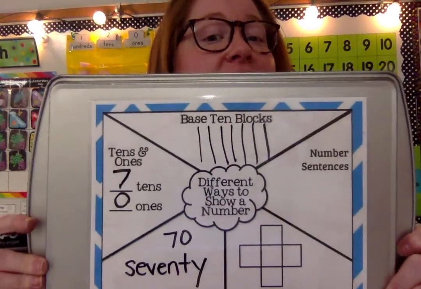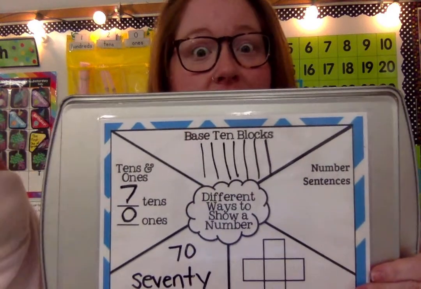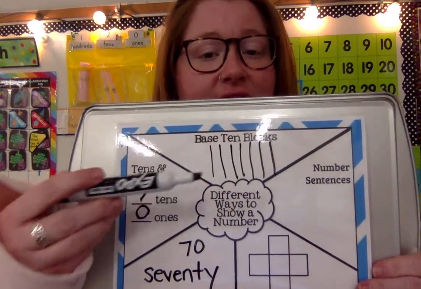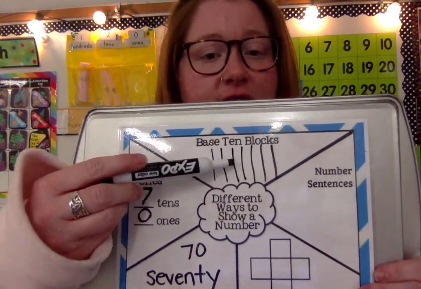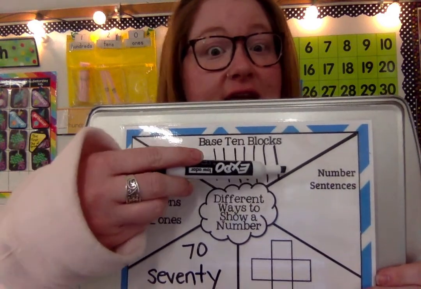Okay, so can you show 70 with your base 10 blocks? How would we write and draw? Give you a few more seconds. Did you draw 7 tens and stop? 7 groups of 10: 10, 20, 30, 40, 50, 60, 70.